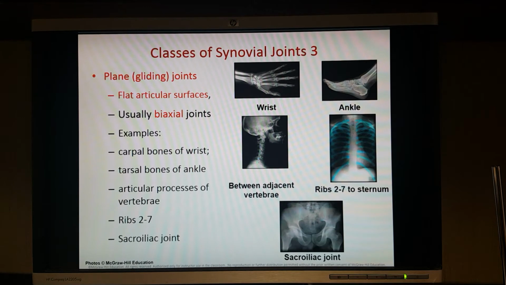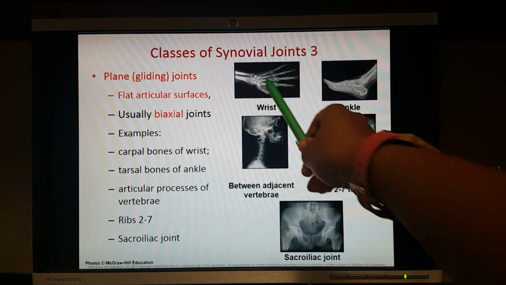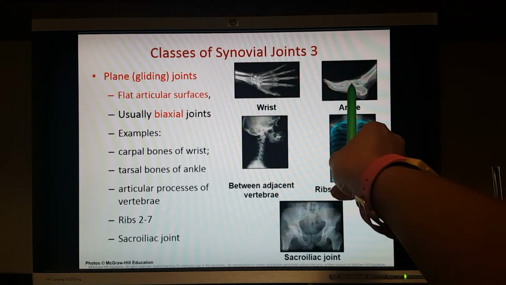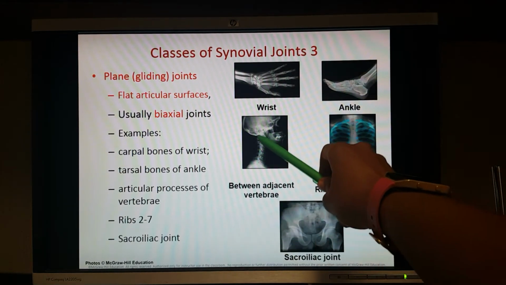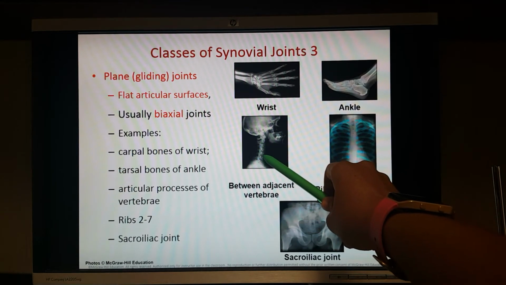On the study guide, I asked you to know examples of plane or gliding joints, so I just wanted to point those out. So again, your plane joints are on a flat surface. They're usually biaxial, so they only move in two different directions, so a side to side and a back and forth. So examples of this are the carpal bones in the wrist, the tarsal bones of the ankle, the articular processes of your vertebrae, so sliding against each other.